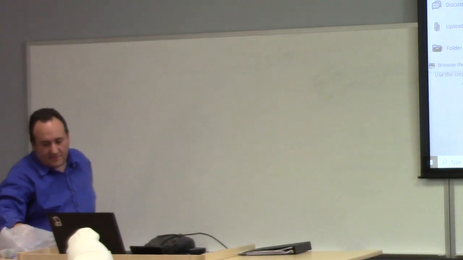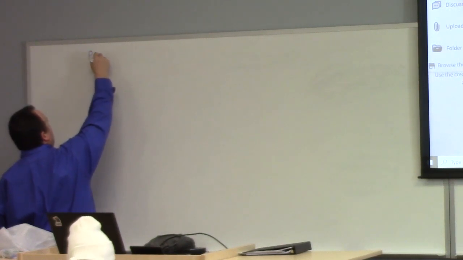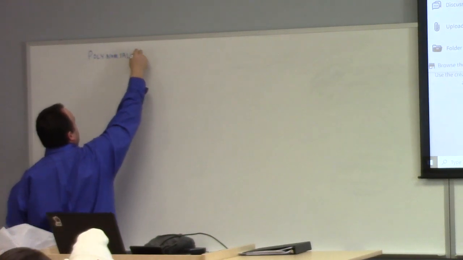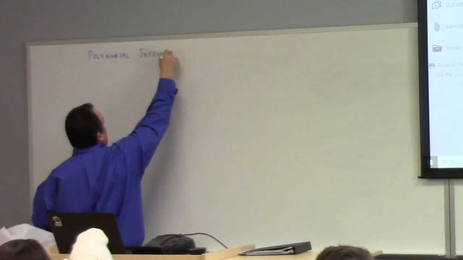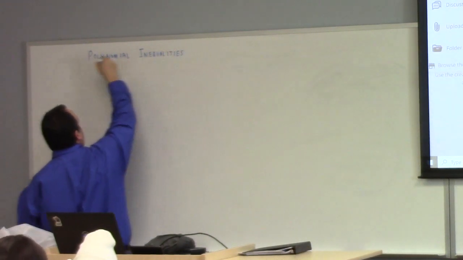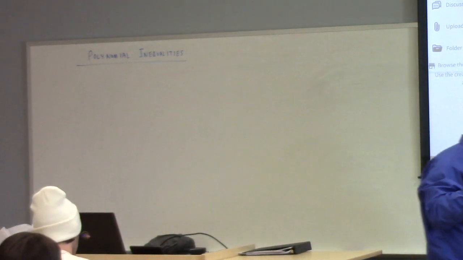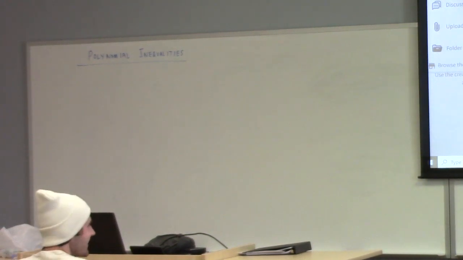So the answer, how to solve polynomial inequalities, it's all about the factoring. So I'm just gonna solve a bunch of them. I'll show you the method. And each time the answer is going to be in terms of an interval or union of intervals.